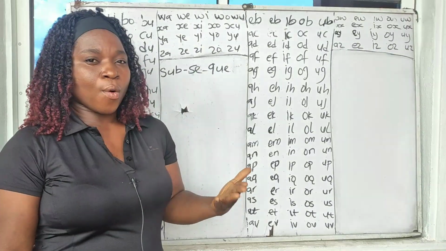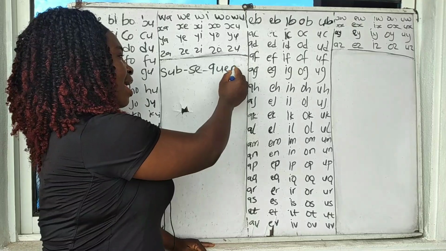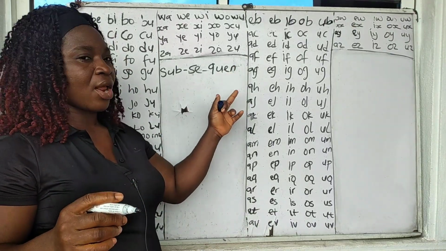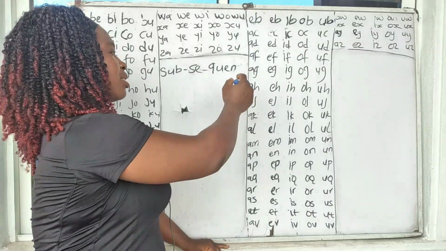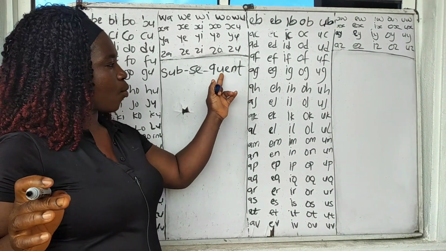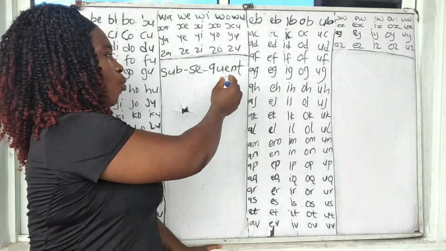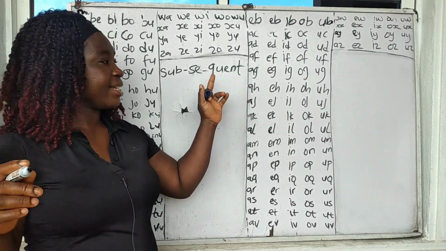I want it to be quen. So I add my ni sound, the n. This is subsequent, quen. So this is subsequent. This is que-ent. This is que, the Q-U, que plus E-N-T, it is quent.